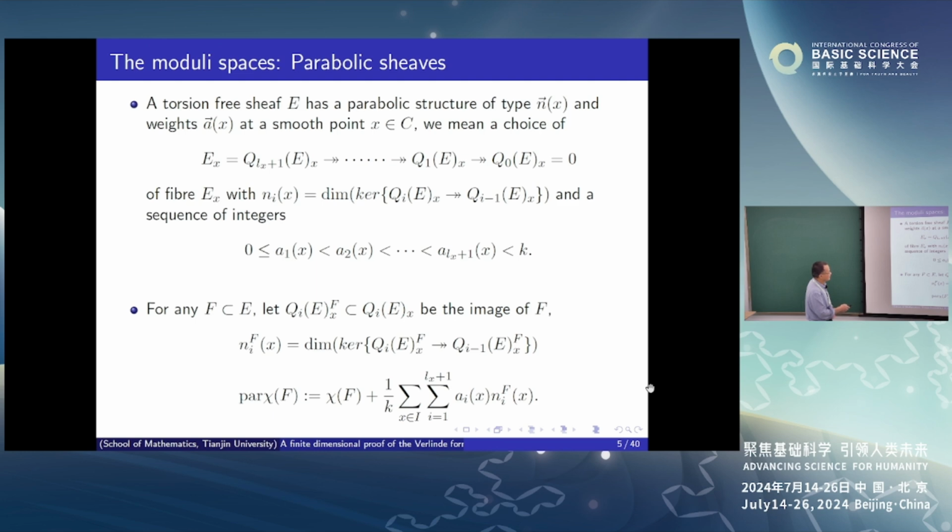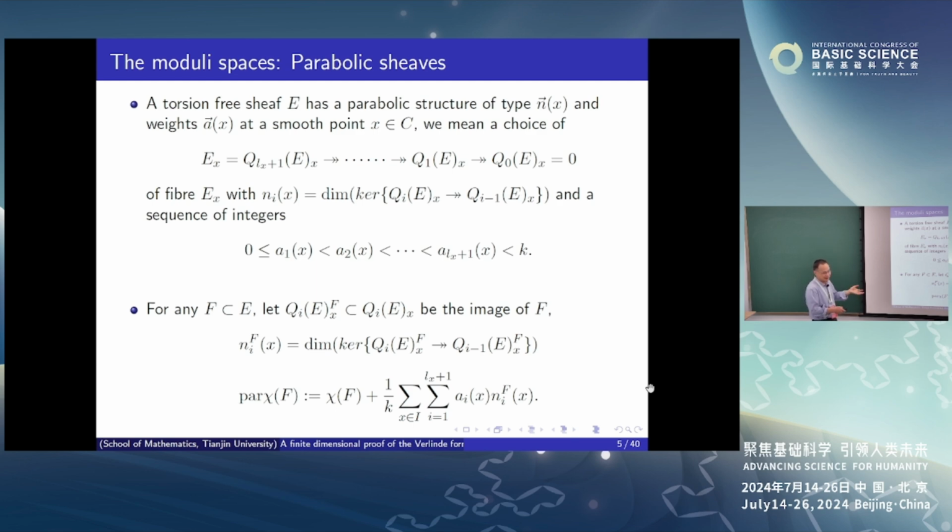We must fix the type and the sequence of these integers. You consider this as a point of a flag manifold. Now for this flag manifold, the Picard group has several generators, so those sequences you can consider as given numbers on this flag manifold.